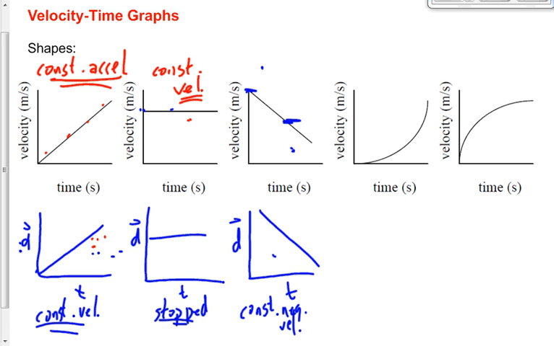It can't be a constant velocity if the velocity is getting smaller. So what do we know about this? It's decelerating. It's a negative acceleration. But since it's a straight line, it's a constant negative acceleration. In other words, it's slowing down.